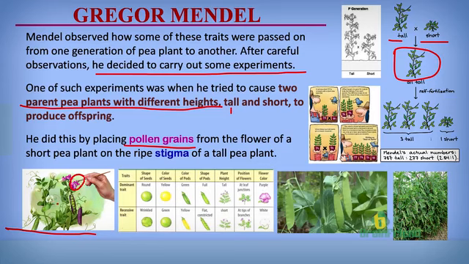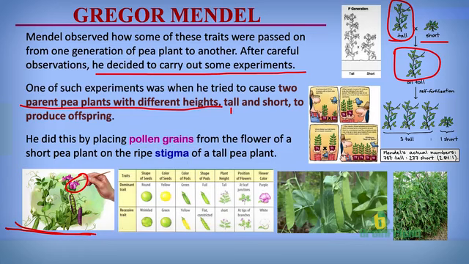Okay, let's take a look at it from this angle. He took the pollen grains from the mature flower of the tall pea plant, and he brought it to the mature flower of the short pea plant, and he placed them on the stigma of these mature flowers in the short pea plant.